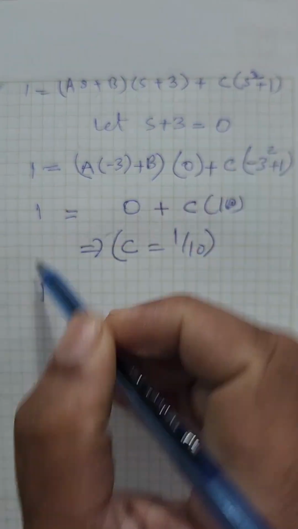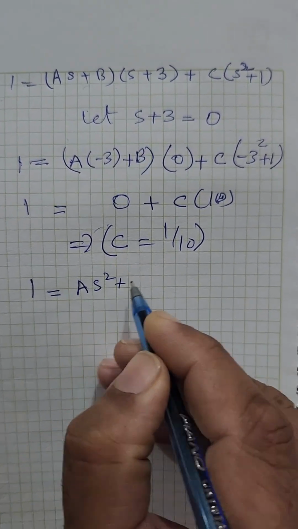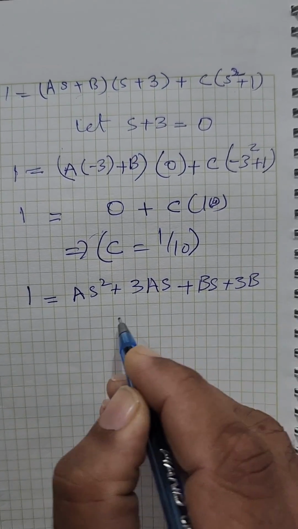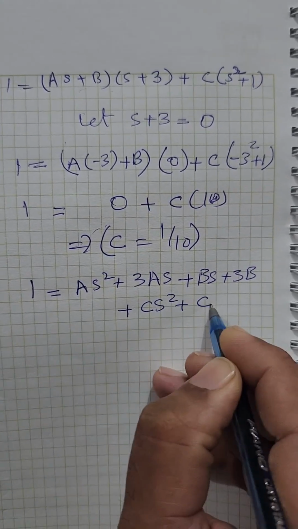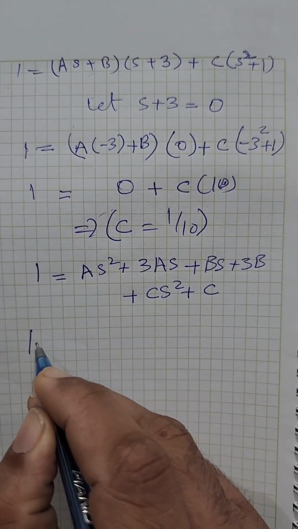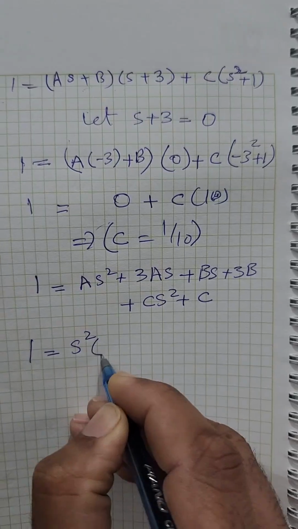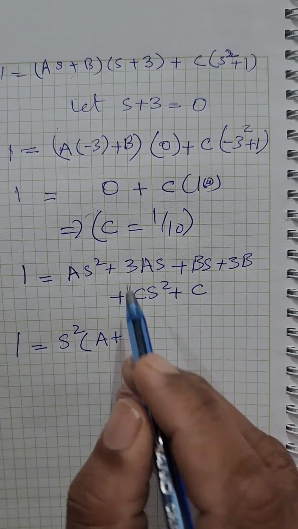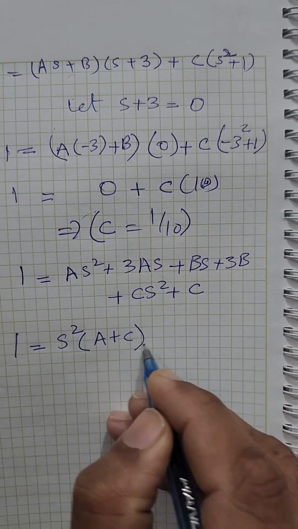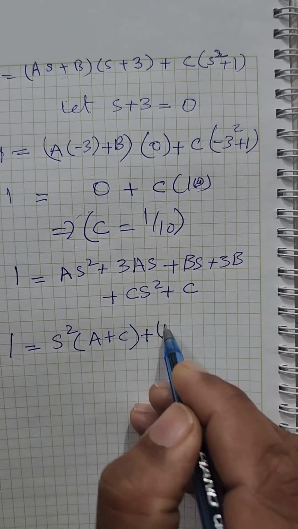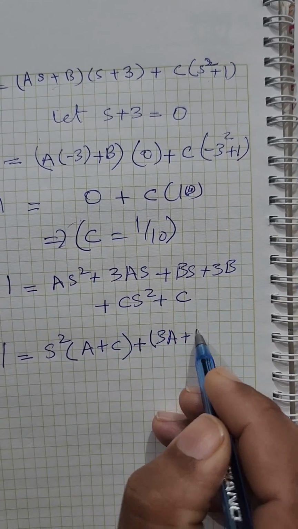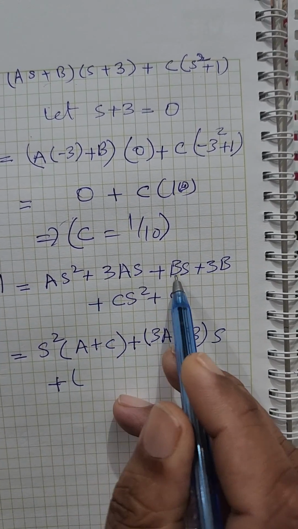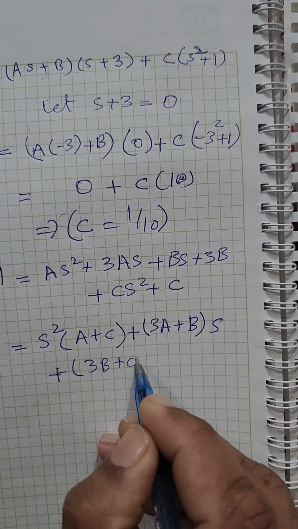Now simplifying the same equation, separating terms containing s squared, s, and s to the power 0. Now the s terms are 3a plus b. Now the constant terms are 3b plus c.